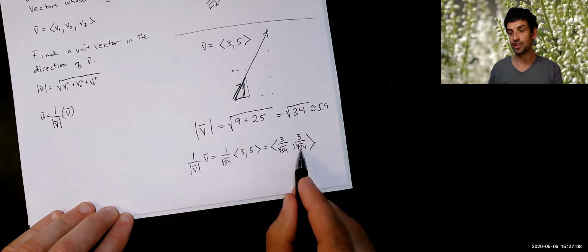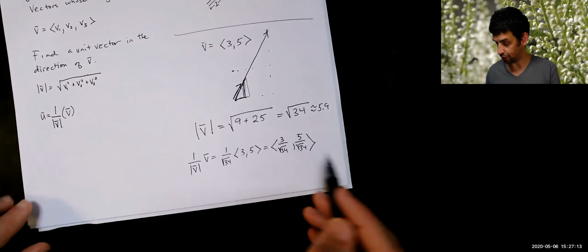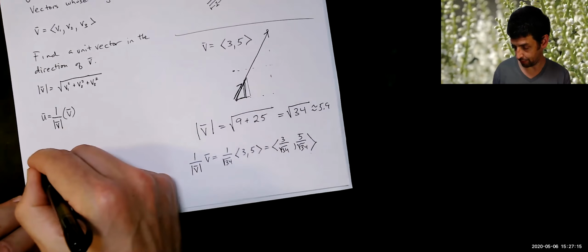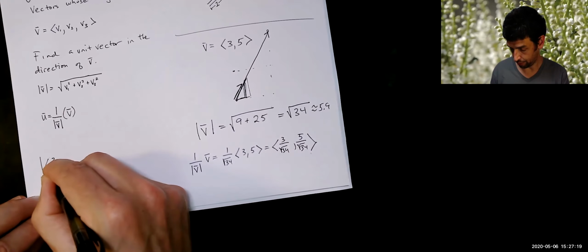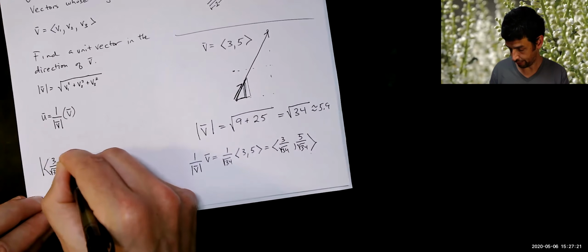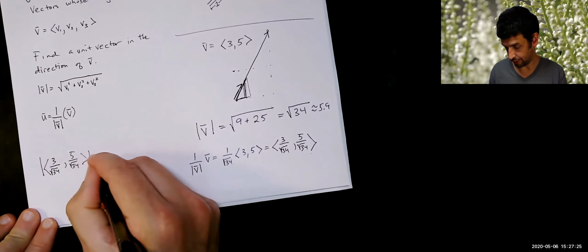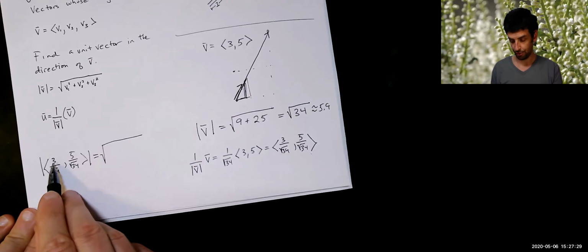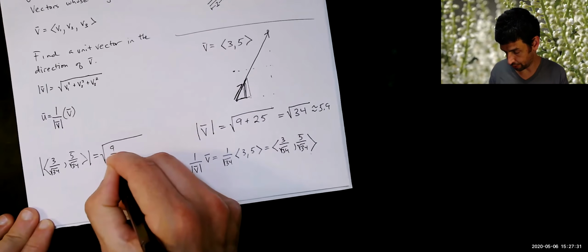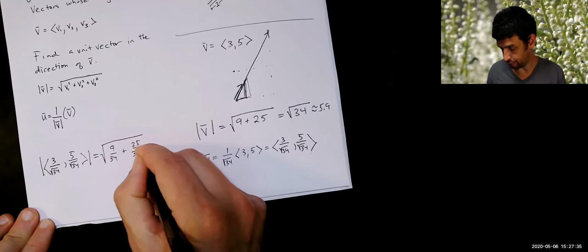Okay. Let's check the length of this vector, right, to guarantee this. So I want to take the magnitude of the vector 3 over root 34, 5 over root 34. I square this: 3 over the root 34 squared is 9 over 34, plus 25 over 34.